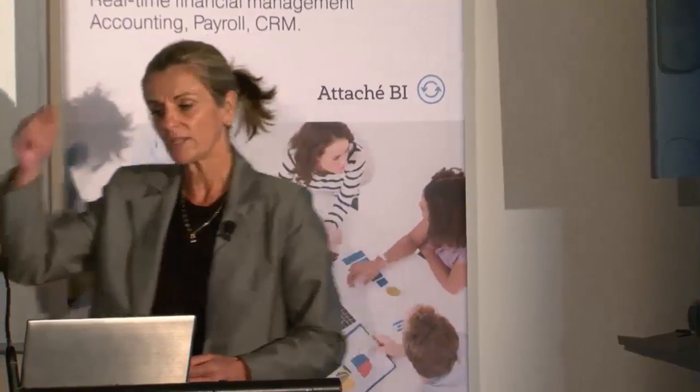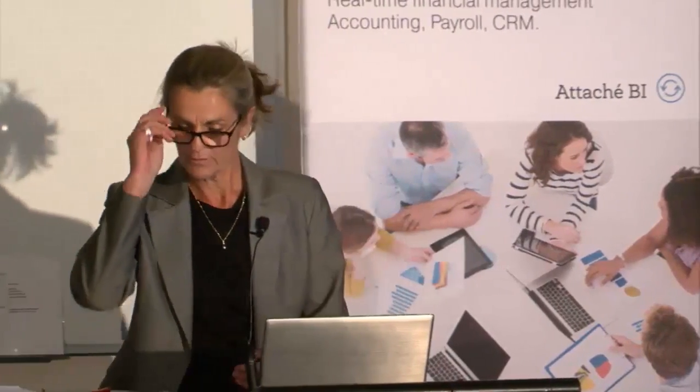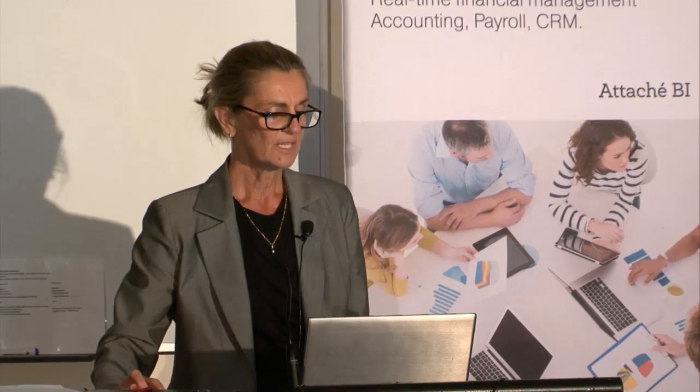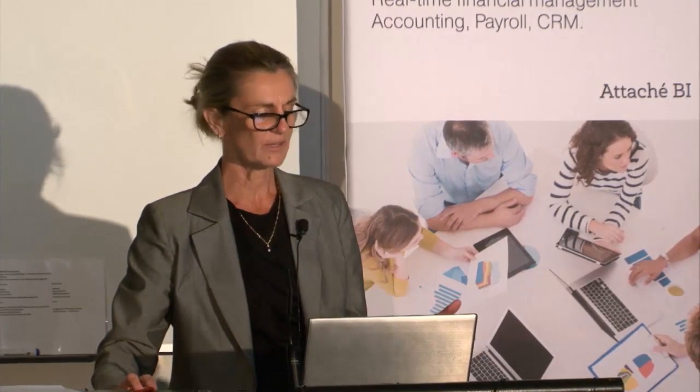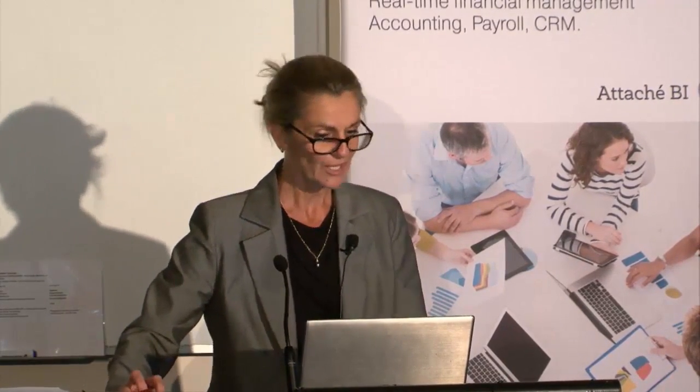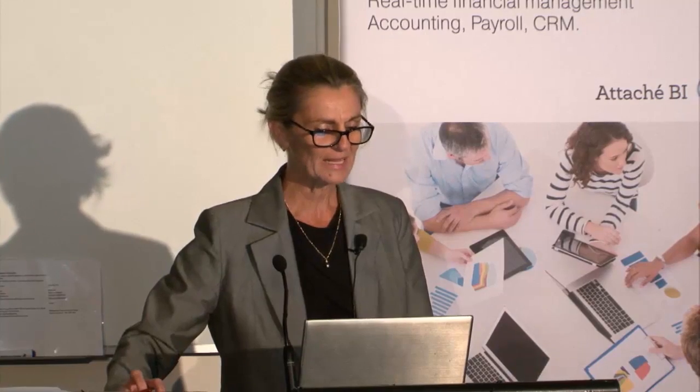Within the reporting system within Attaché, if I go to reports, general ledger, and now I have to use the young people's version of the menus, so please bear with me.